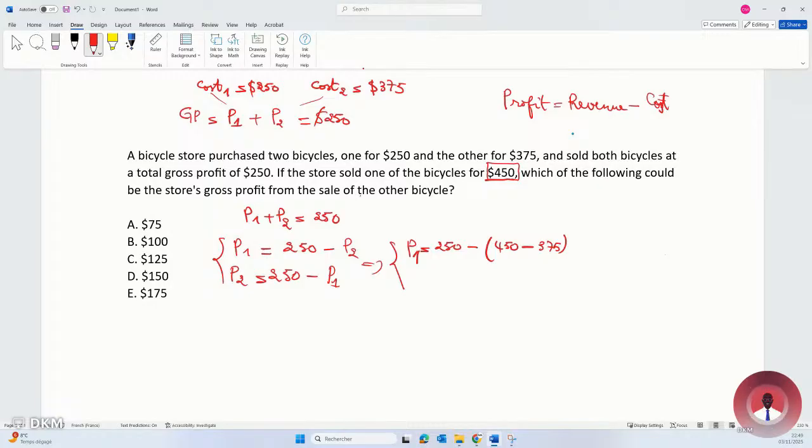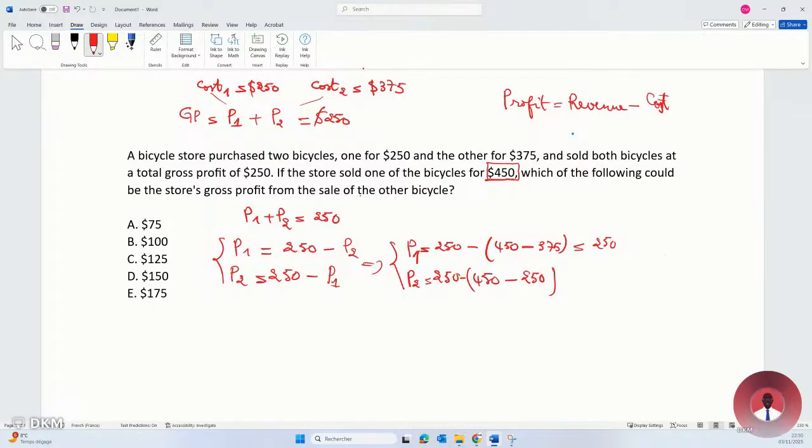If we say that 450 is the revenue for the sale of bicycle 1, then P1 will be revenue 450 minus cost 1, 250.